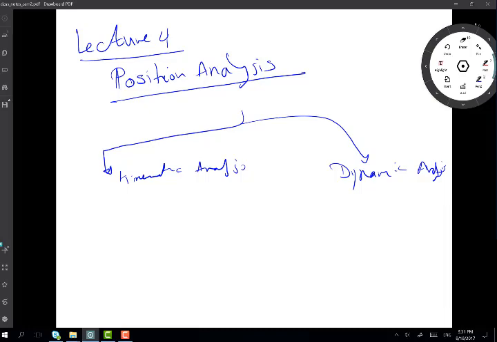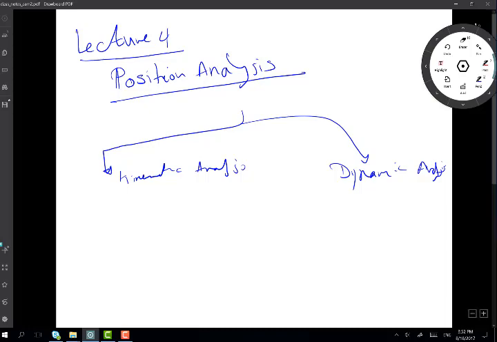When we do that, we think of the linkage as being rigid, so the length of a link is not going to change during the motion. We deal with the motion and geometry irrespective of the force, and every link is compelled to move in a specific path by the geometry.